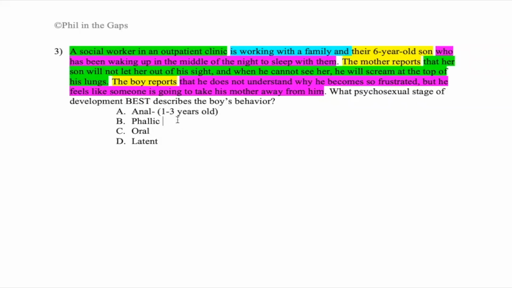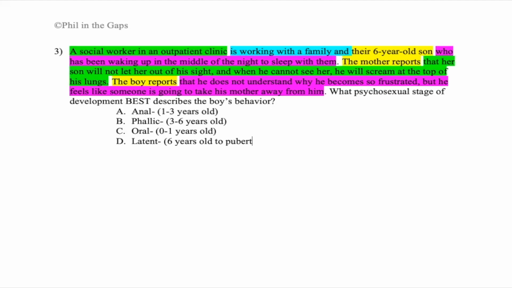B, the phallic stage, where they are feeling themselves, is from 3 to 6 years old. C, the oral stage is from 0 to 1 years old. And then the latent stage, key emphasis on late, they feel like they're late. This is going to be 6 years old to puberty.